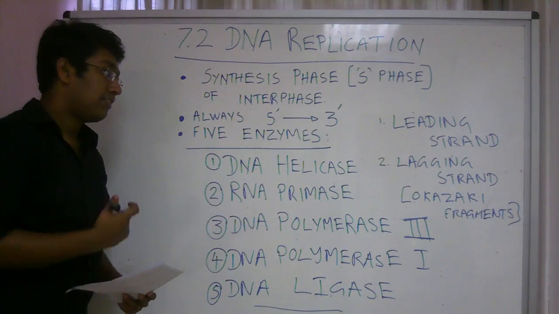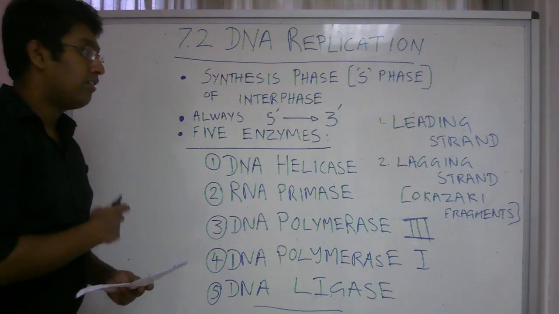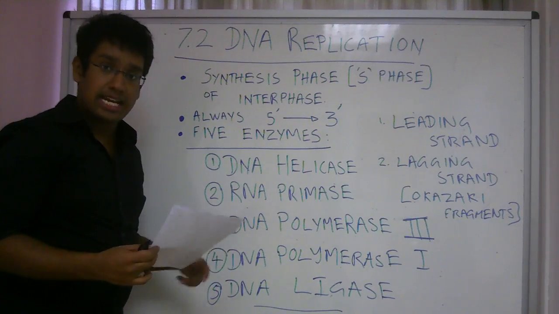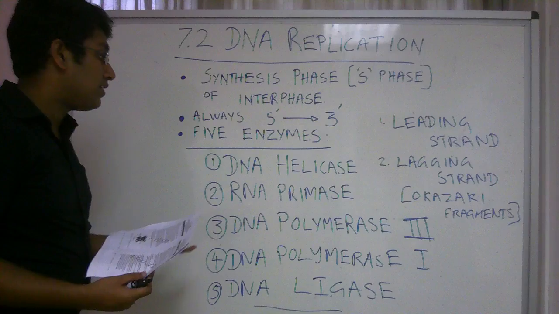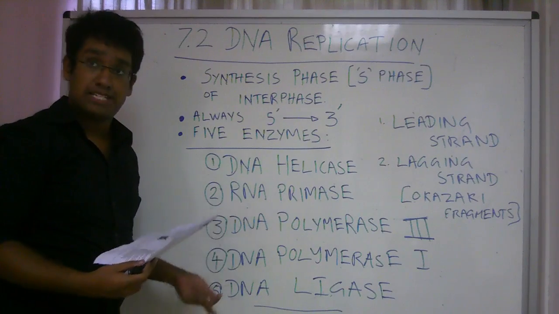DNA polymerase 3 carries out replication using free-floating nucleoside triphosphates and the principle of complementary base pairing.